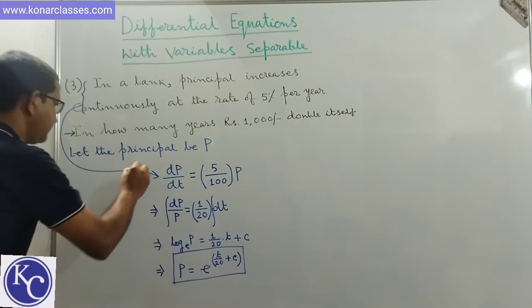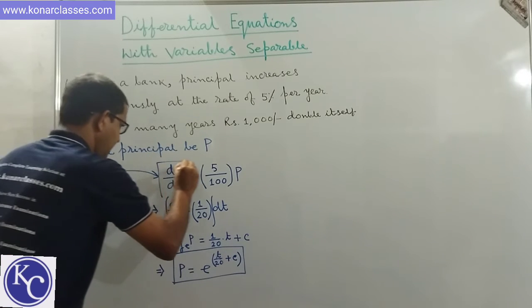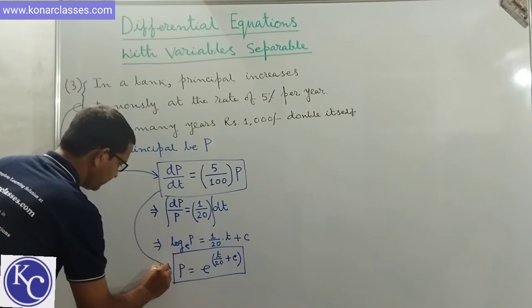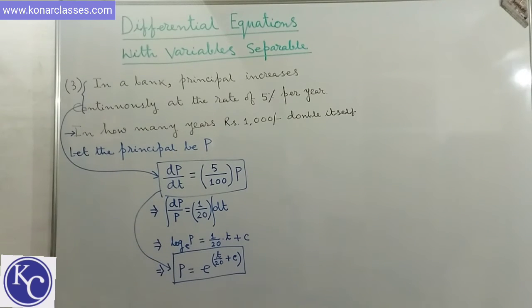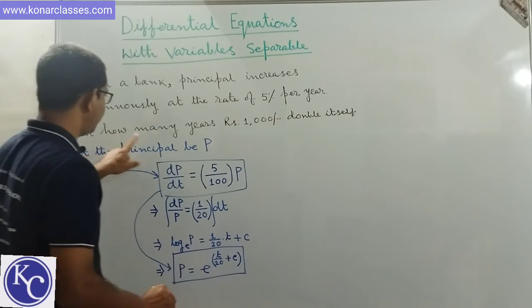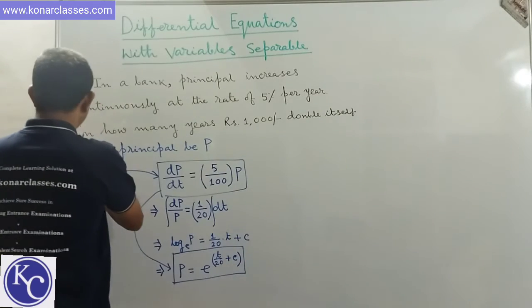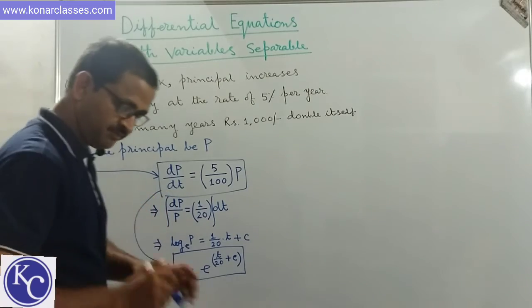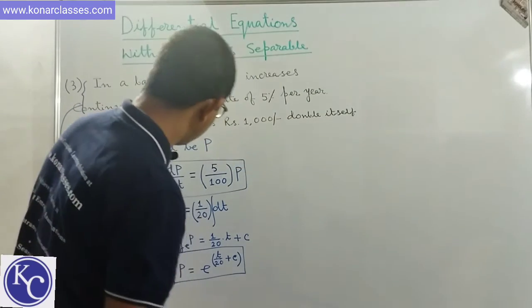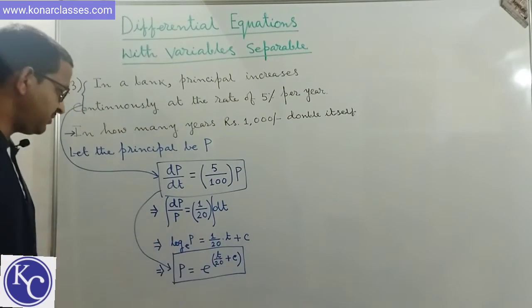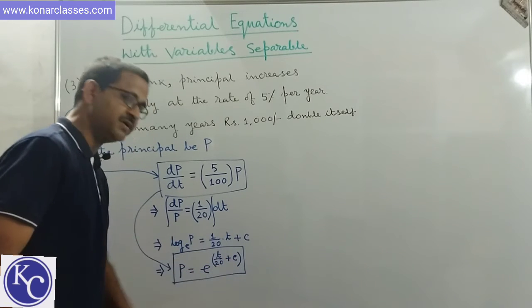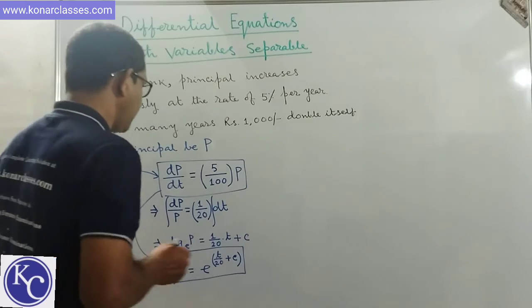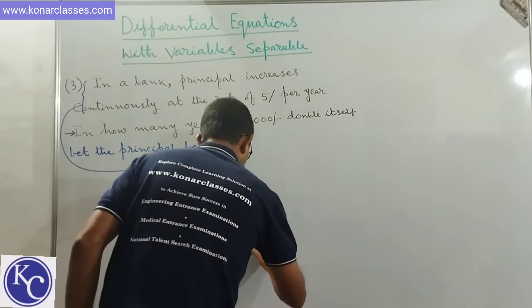But our question is that we need to give an answer to a specific question: in how many years will rupees 1000 double itself? For that, we need to remove this arbitrary constant, that means we need to find a specific value for it. And how can we find this specific value?